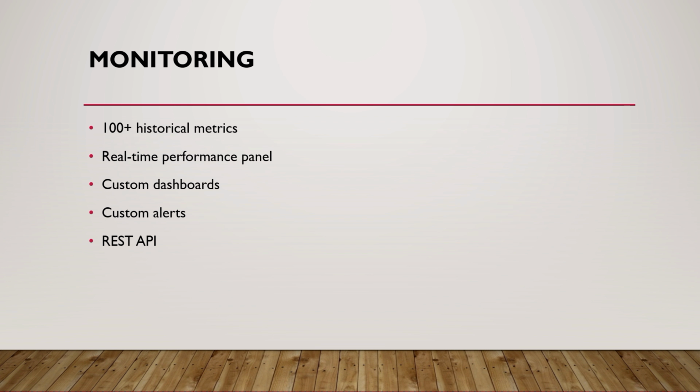Custom dashboards and custom alerts. It allows you to set up alerts based on desired metrics and thresholds. These alerts can be configured to notify you through various channels like email, SMS, Slack, PagerDuty, HipChat, and plenty more to ensure awareness of potential issues. REST API is for exporting metrics to external monitoring systems.